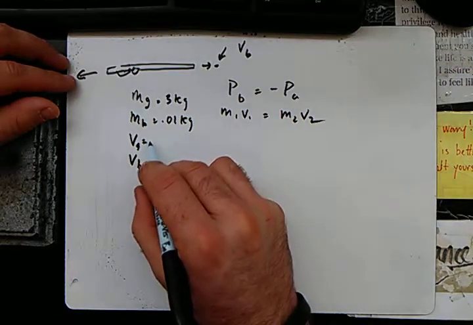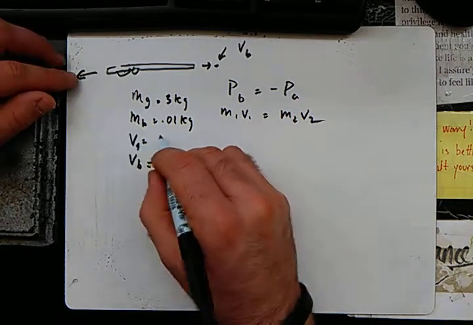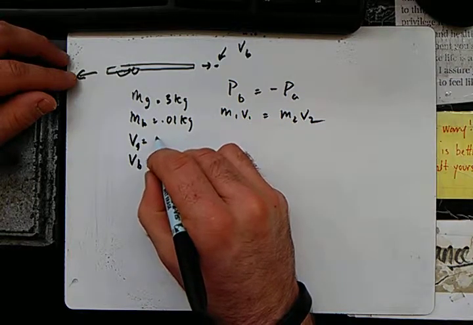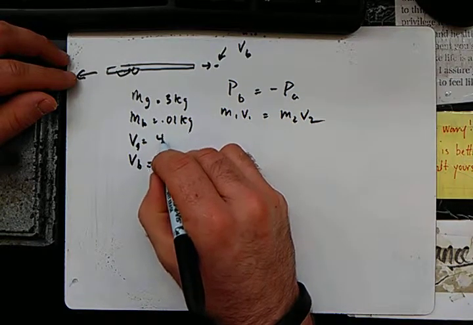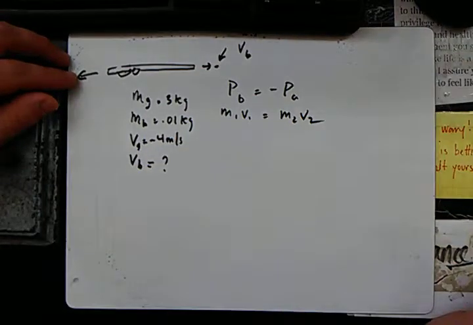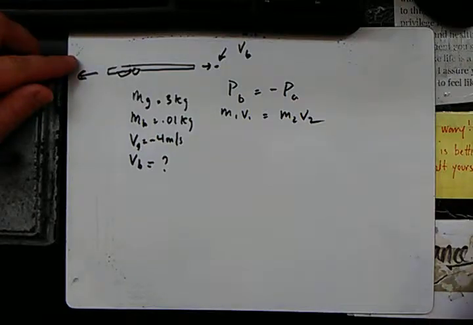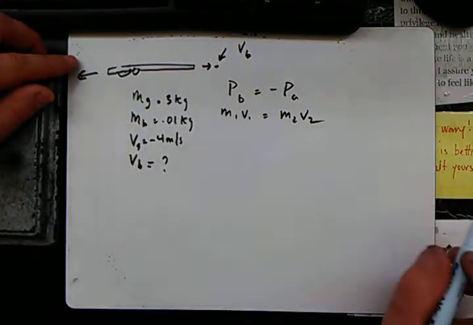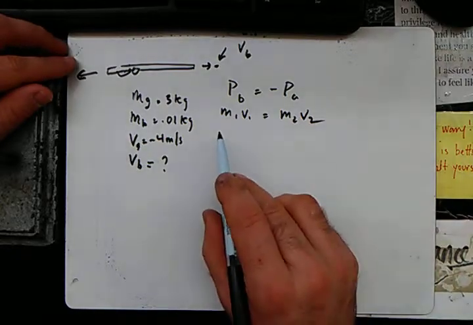The velocity of the gun, the recoil velocity, I'll give that to you as well. We'll say it's negative 4 meters a second. We want to know what the velocity of the bullet is based on the recoil velocity. It's assuming there's no springs in there, because that changes things a little bit.